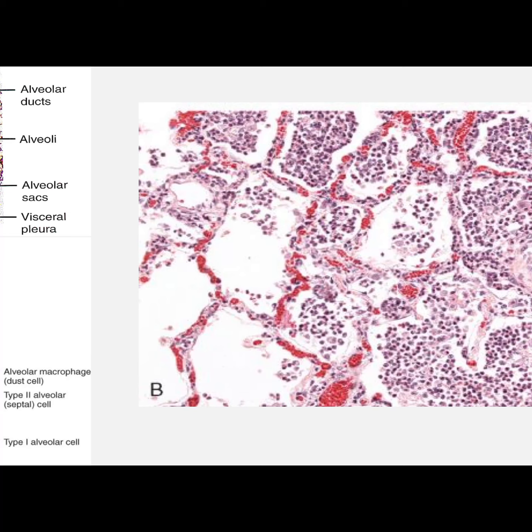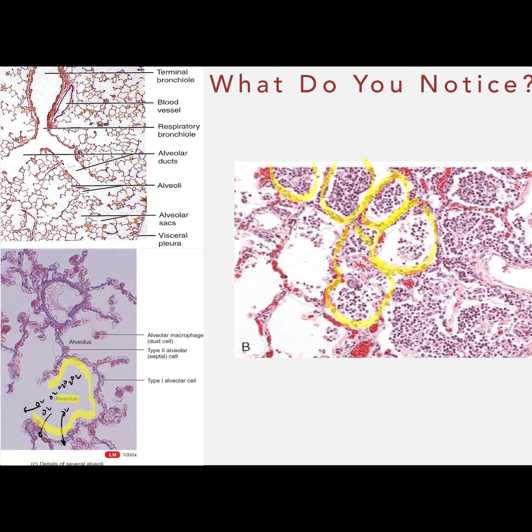Let me highlight where the alveoli are. This is one alveolus. This is another alveolus. This is another alveolus. Another one. Another one. What do you notice compared to the normal? The alveoli are not empty. The alveoli are full of these dark circles. Those dark circles, by the way, are white blood cells.